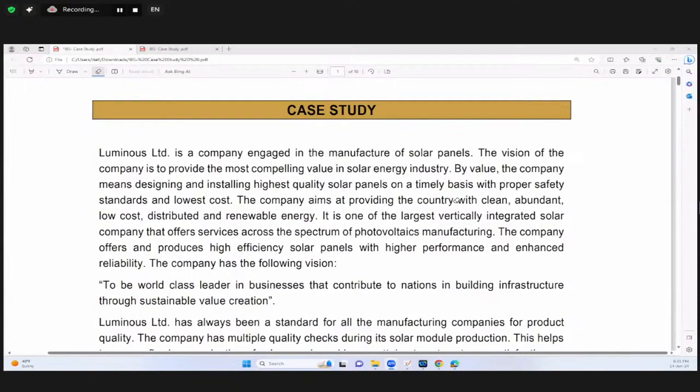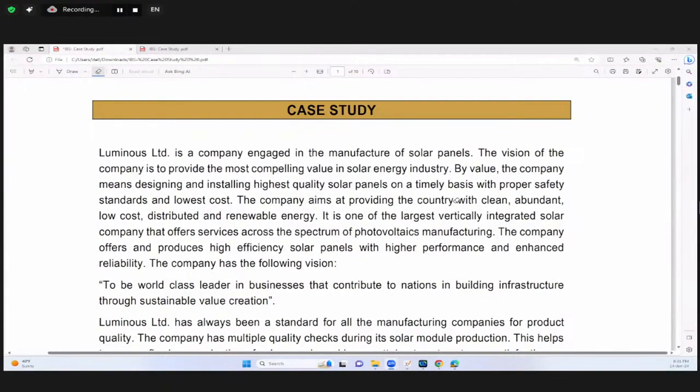By value, the company means designing and installing highest quality solar panels on a timely basis with proper safety standards. So the company is very cautious about its safety standards and about costs, because the company has to compete with its competitors. So it is very cautious about safety standards, lower costs, etc.